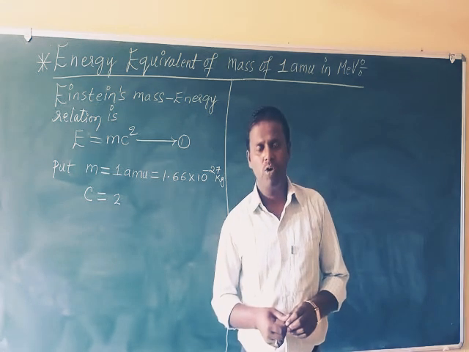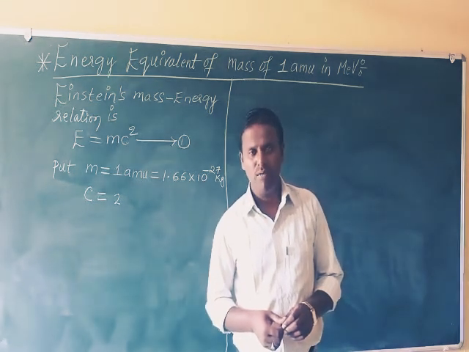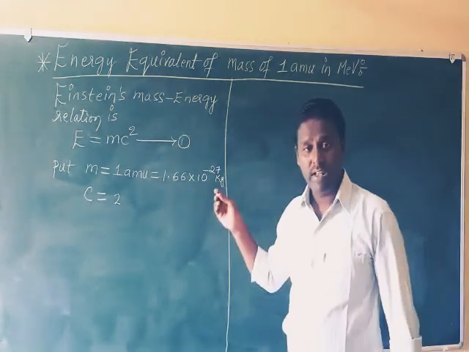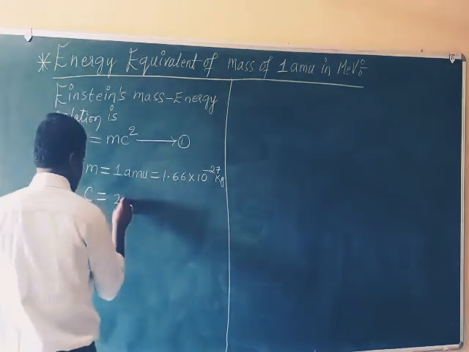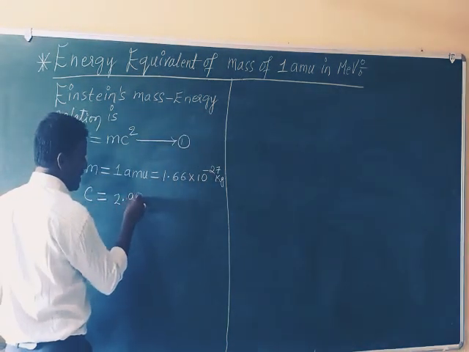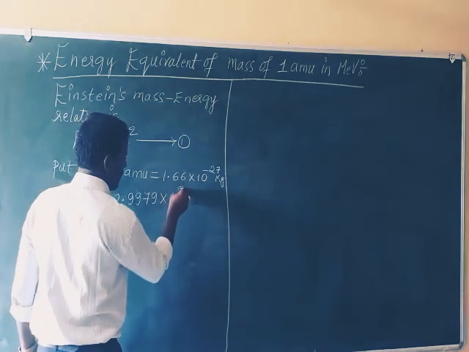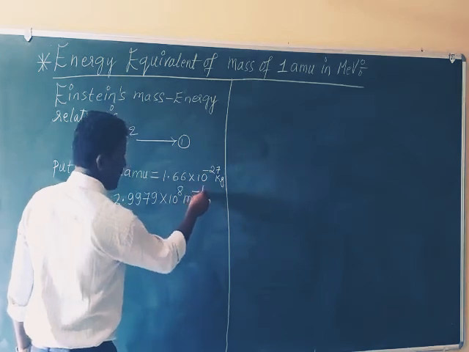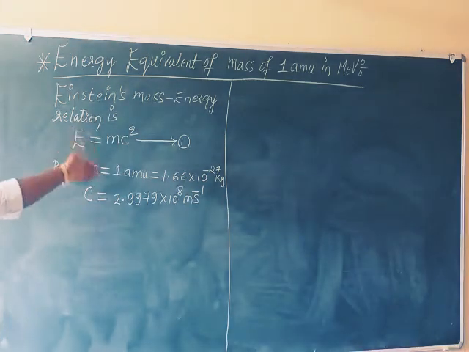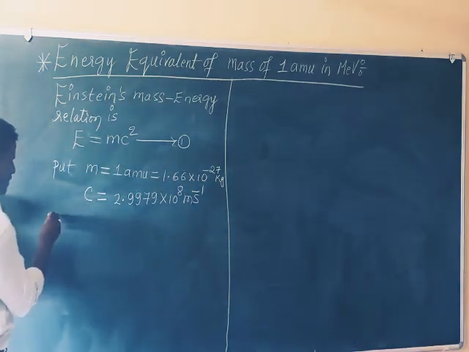C equals to how much? 3 into 10 to the power of 8 meter per second. But its exact value is 2.9979 into 10 to the power of 8 meter per second. So I am going to substitute these two values in equation number 1.